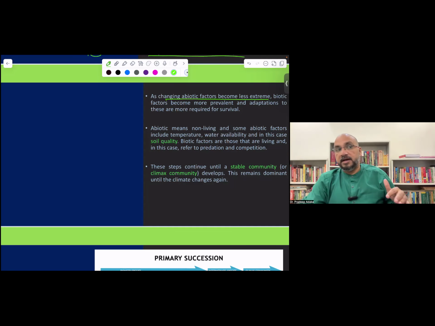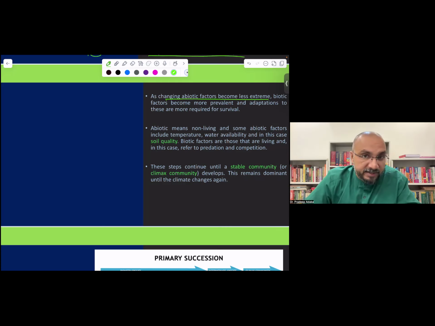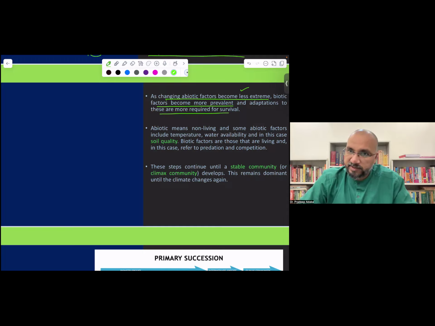So slowly the abiotic environment becomes less and less harsh, so it becomes more favorable for other plant species to take over. So as the abiotic factors become less extreme, biotic factors become more prevalent, and adaptations to these are more required for survival. So those who can adapt and perform better will replace the earlier species. So abiotic factors means soil quality, right? Basically temperature, water availability, soil quality.